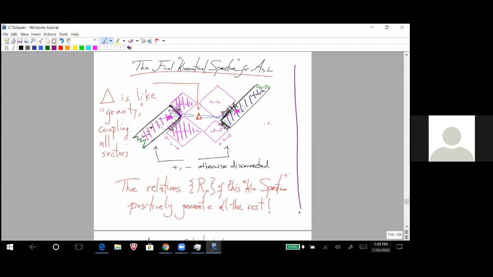So while these relations are the basis for positively generating all of the other relations, if I simply set the right-hand sides to constants, I have more relations than I need in order to define a polytope of the correct dimensionality. In fact, there are linear relations between them. Of course, the linear relations involve minus signs, but there are linear relations between all these guys. And so to get the polytope, you have to set all of the constants to positive values, but those positive values have to satisfy relations.